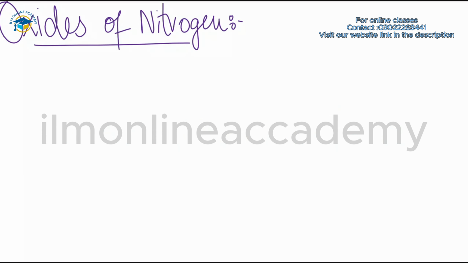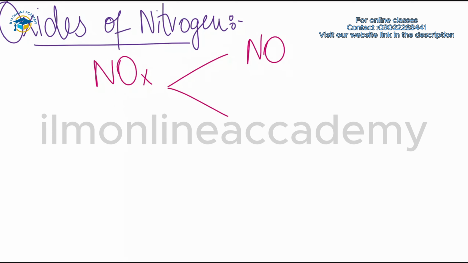Oxides of nitrogen are also referred to as nitrogen oxides, NOx. We call it a general name, and that is given to represent the several different oxides, including nitrogen monoxide or nitric oxide, NO, and NO2, which is nitrogen dioxide.